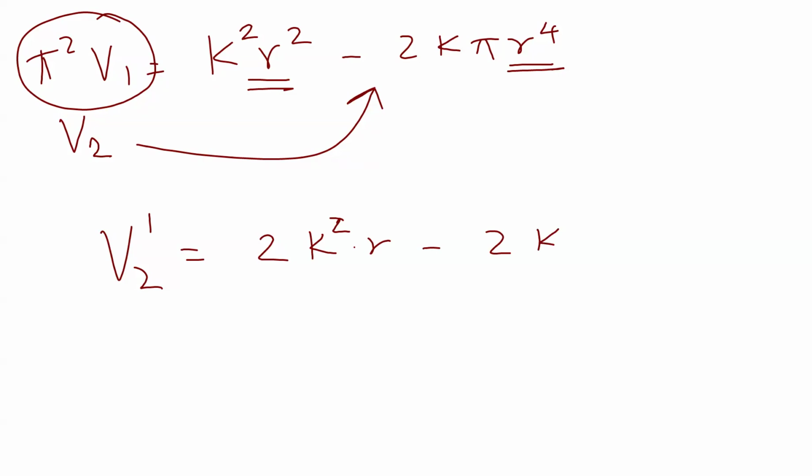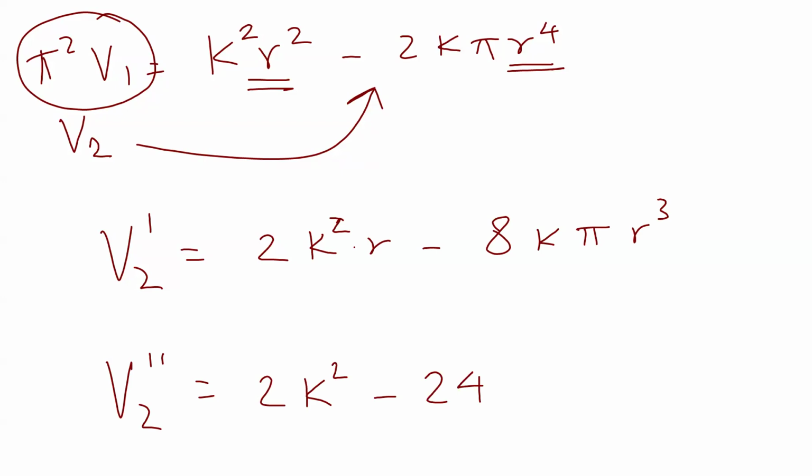So 4 2s are 8, so this is going to be 8K pi R cube. V2 double dash is 2K square minus, 8 3s are 24, K pi R square. So this is V2 double dash.